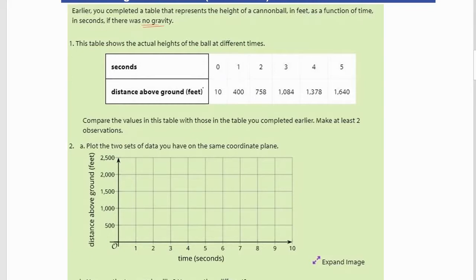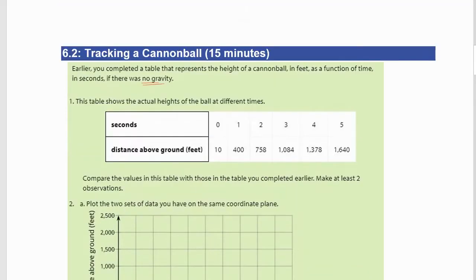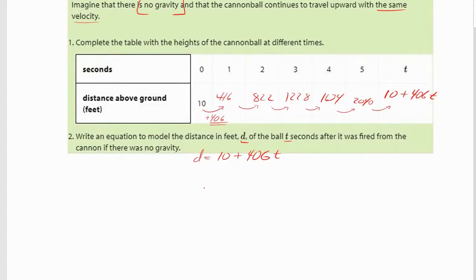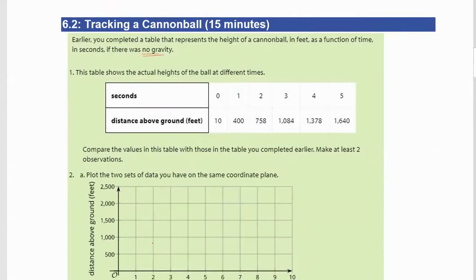So it looks like we're comparing this table with the table we completed earlier. Let's try to recall the table back here, right? The 416, 822, all up to 2040. Go ahead and use the graph to do that. So let's graph this one right here.